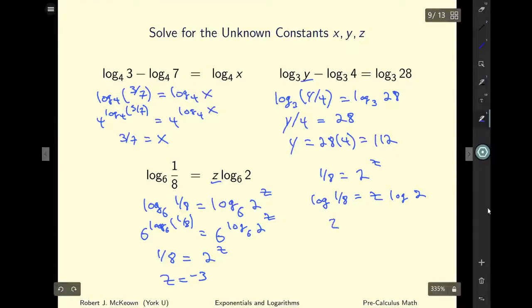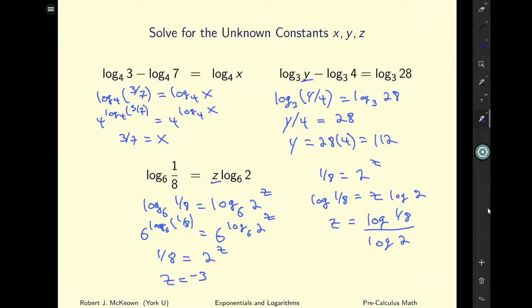And I could get z is equal to log of 1 over 8 divided by log 2. This is a very ugly thing to look at, but if I put it into my calculator, I do get z is equal to -3.